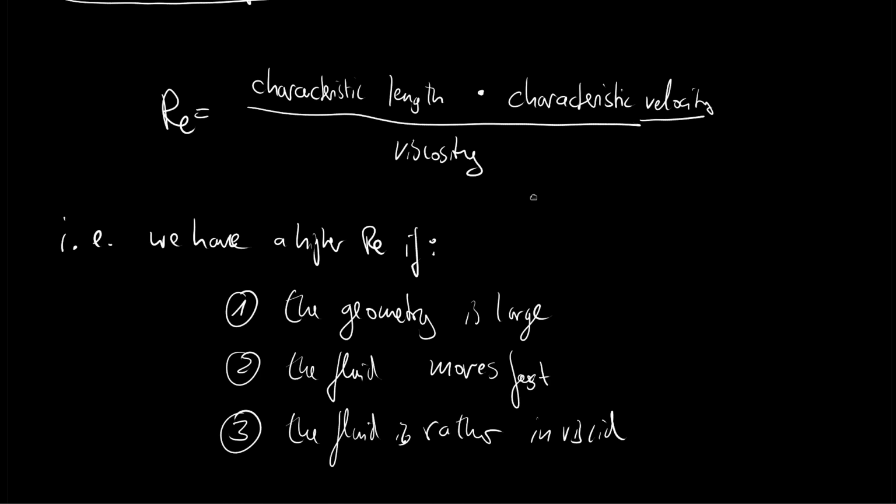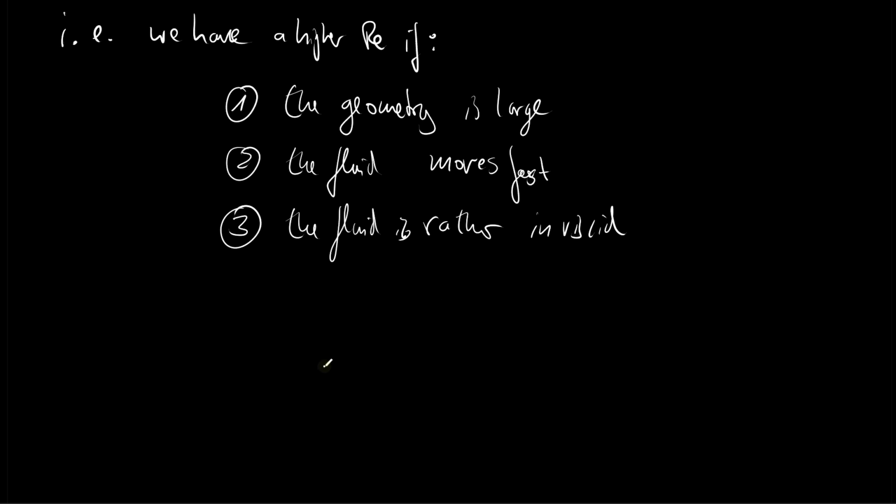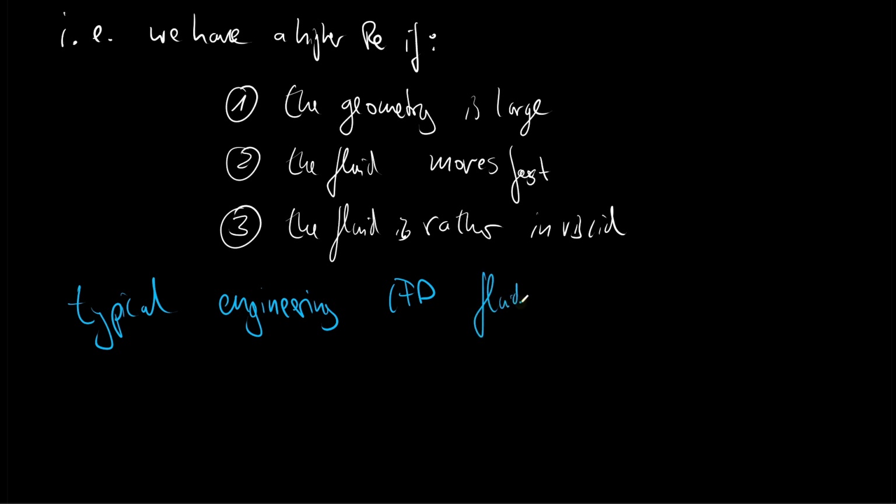And I want to highlight one point here, especially with respect to engineering simulations, is that those typically only encounter two kinds of fluids. So let's say typical engineering CFD maybe considers only two fluids: air and water.